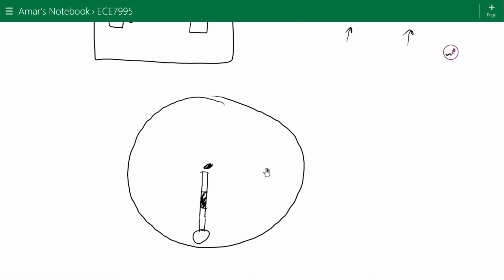You may have your inlet here like this. When you spin the disk, either clockwise or counterclockwise, it doesn't matter, the centrifugal force is going to cause this plug to move from the inlet to the outlet, getting a pumping effect just by spinning the disk.